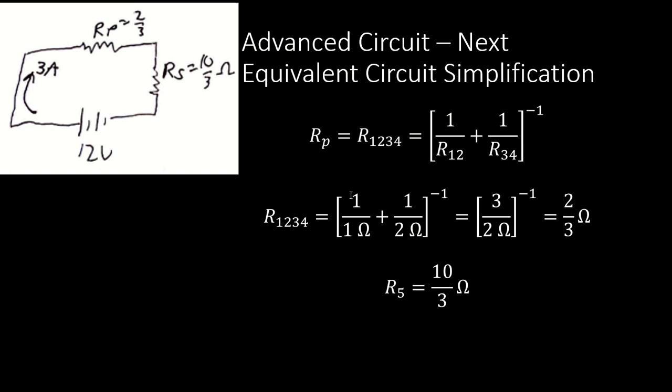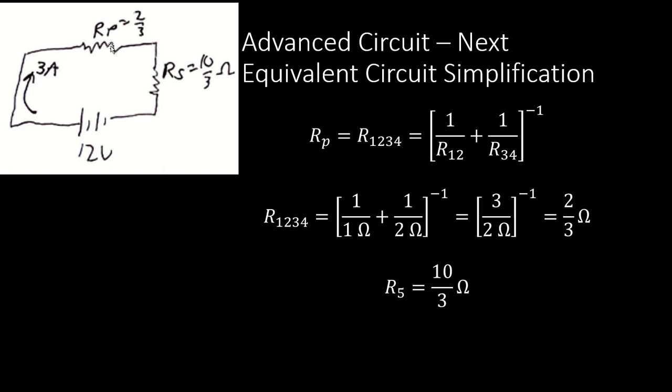We end up having 1/1 plus 1/2 inverse ohms, which becomes 3/2 inverse ohms, which inverting that becomes 2/3 ohms. And that would be simplifying resistance 1, 2, 3, and 4 into one single equivalent resistor, as if we replaced all four of them with a single resistor.